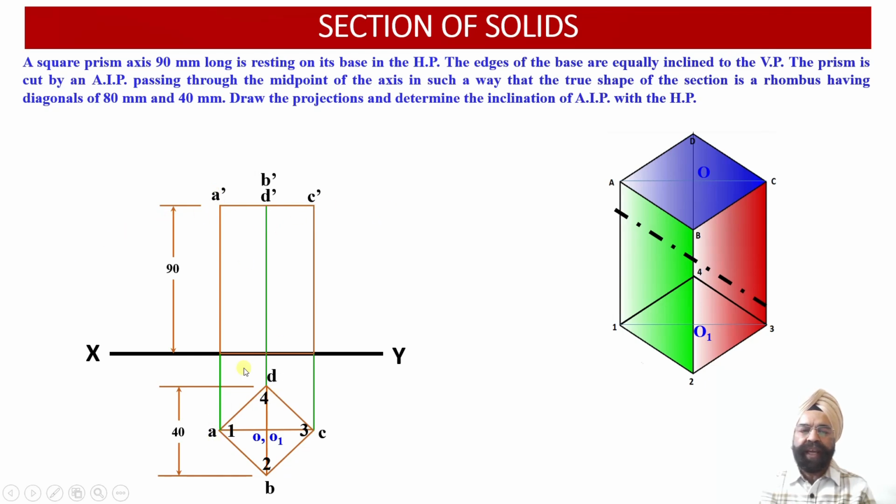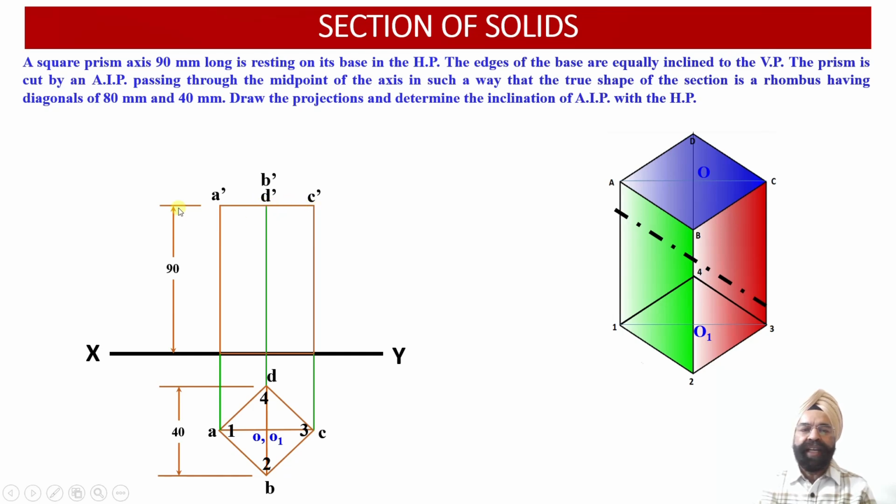So point A will be projected as point A dash. Points B and D will be projected as B dash and D dash. And point C corresponding to the top face will be represented as point C dash onto the front view projections over here. So we can check all the 4 points A dash, B dash, C dash and D dash.